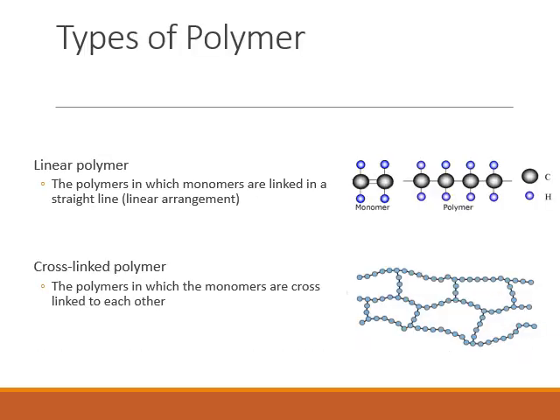Now we will see what are different types of polymer. There are broadly two types of polymer: linear polymer and cross-linked polymer. A linear polymer is one in which the monomers are linked in a straight line, or we can say in a linear arrangement.